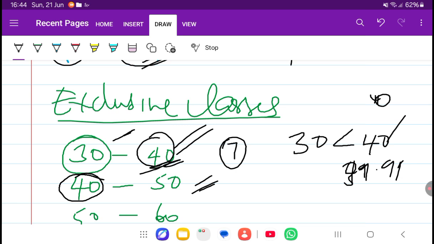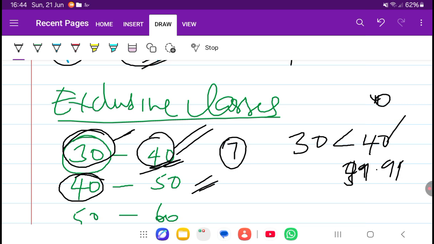The smallest value that could go in that class is what we call the lower class limit, which is the 30 here. Then the upper class limit refers to the highest value that could go in the class.